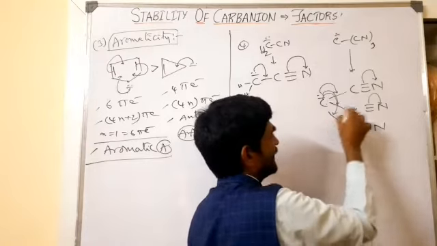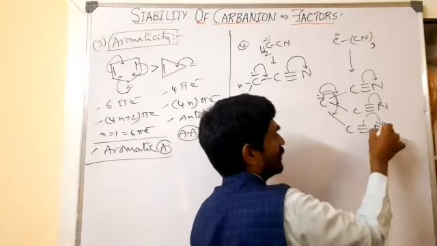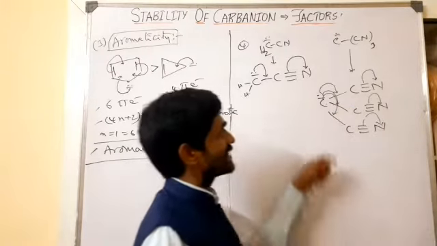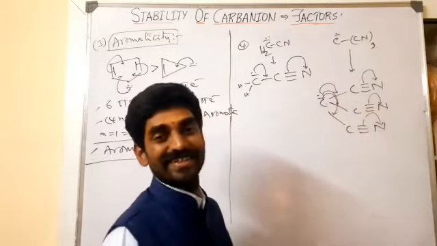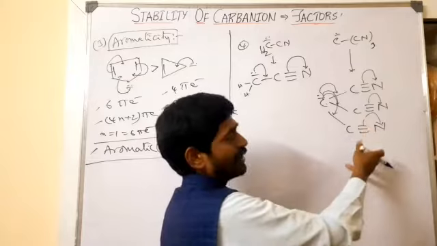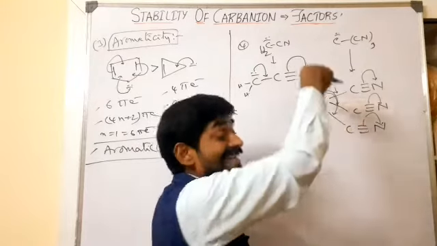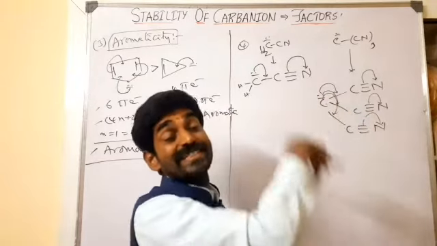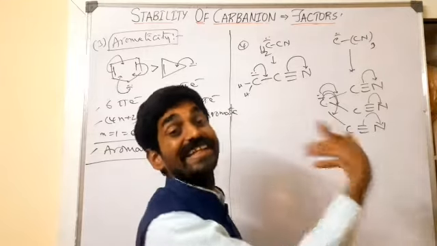That means the dispersal of charge is more here because three cyanide groups are there. The more the dispersal of charge, the more the negative charge density decreases. Negative charge density decreases means stability of the carbanion increases.